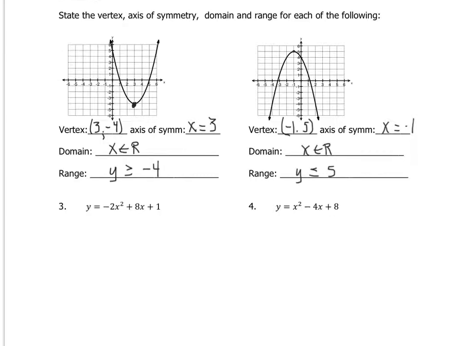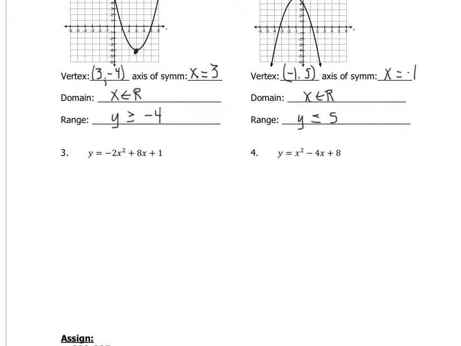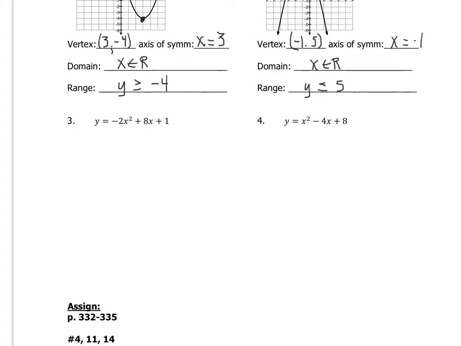For the next two examples, you don't have a graph to look at, so you're going to have to use the algebraic method of finding the x-coordinate of the vertex using -b/2a. So first we'll start with that. So -b in this case would be -8/2 times the -2, which would be -8/-4 or +2.